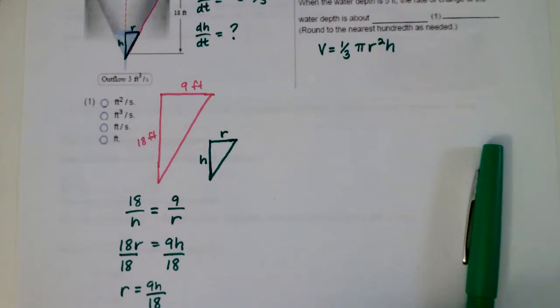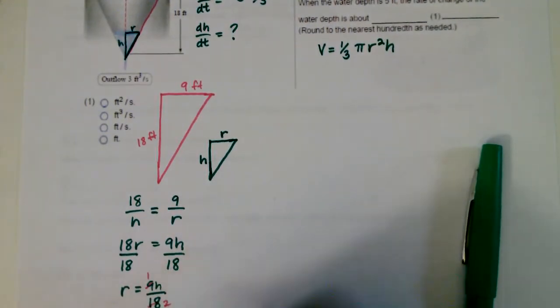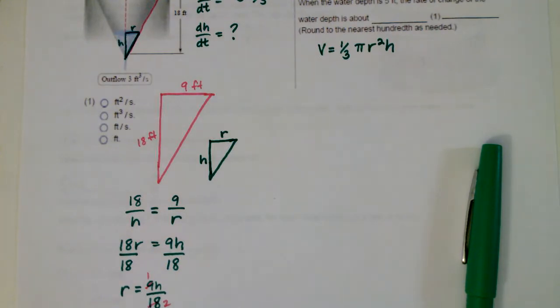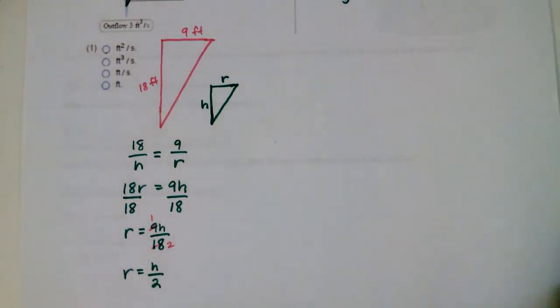Simplifying 9 over 18, 9 goes into itself one time, 9 goes into 18 two times. So r is equal to h over 2.